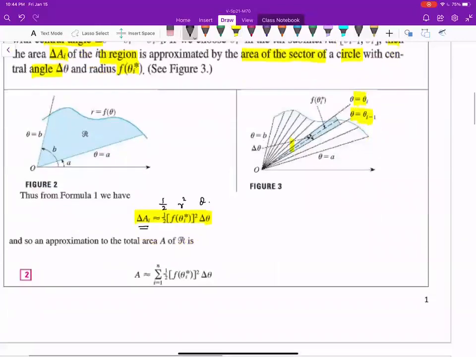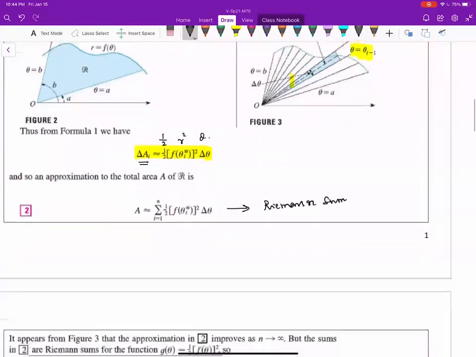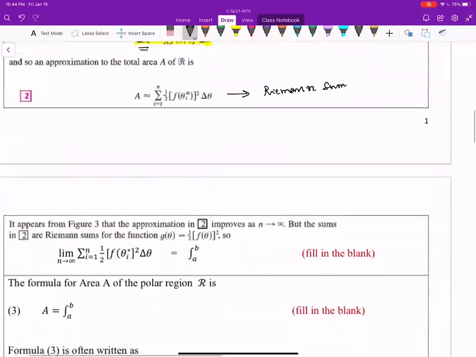Then we can do this for every sector and add them all. That will give a Riemann sum, the way we have seen. As n approaches infinity, this Riemann sum becomes a definite integral from a to b of half f of theta square d theta.